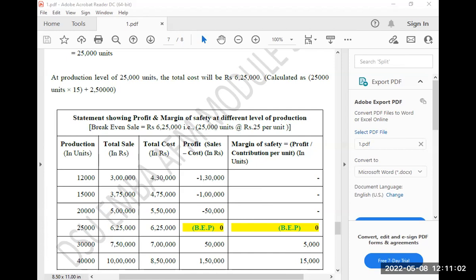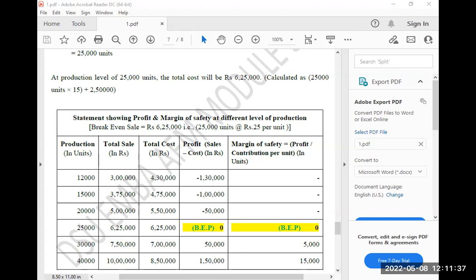If contribution is equal to 5.25, we already know the variable cost. What is the variable cost? 15 rupees. So next line, contribution per unit is equal to selling price per unit minus variable cost per unit.